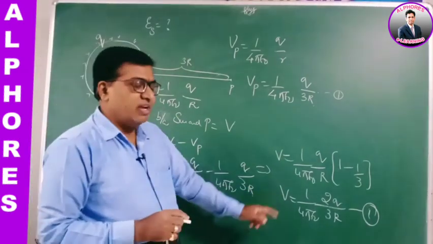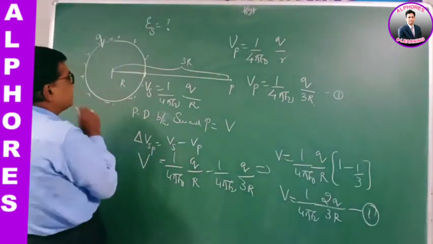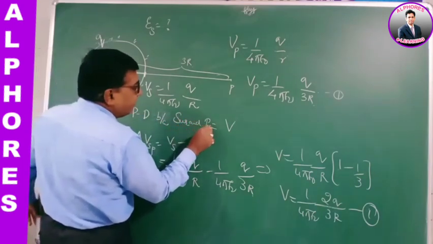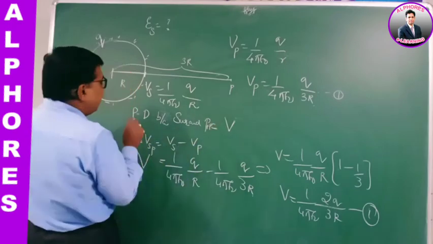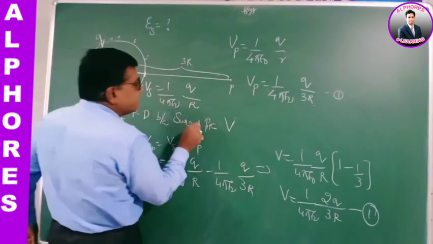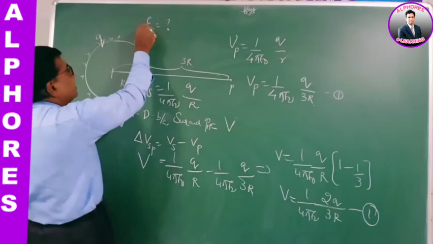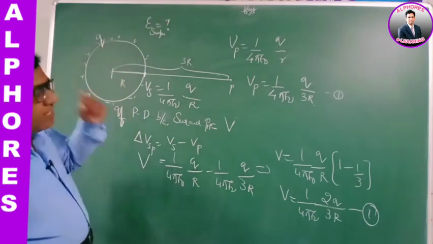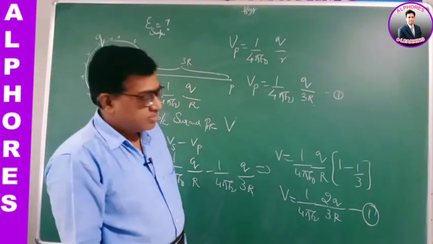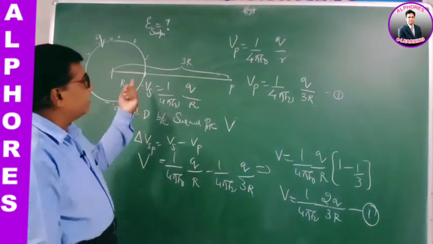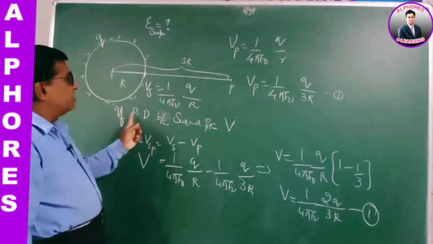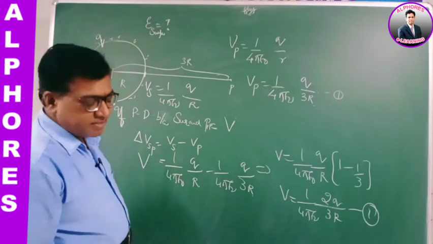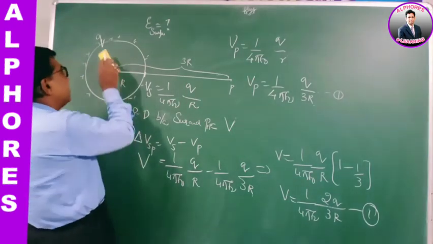In the question he has given that the potential difference between the surface and point P is V. If the potential difference between the surface and point P is V, then what is the electric field at the surface point of the sphere? This is a conducting charged sphere of radius r. So first, he has not given the charge.